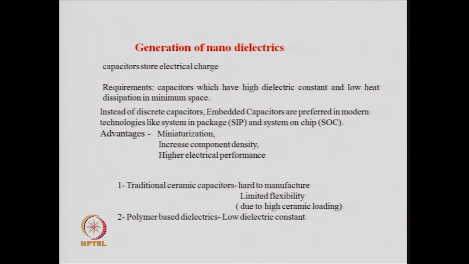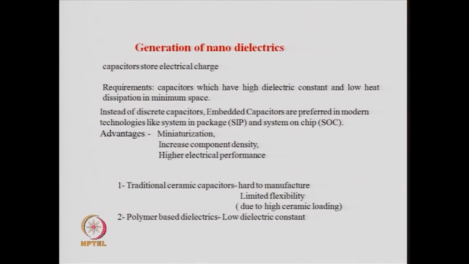Now, traditional ceramic capacitors are hard to manufacture and they do not have much flexibility. Because the ceramic content is very high, it is not so flexible. Whereas, if you use polymers or polymer based dielectrics, you can get the flexibility, but the dielectric constant becomes low. So, these are two factors which are kind of counterproductive. If you want flexibility, you use polymers.